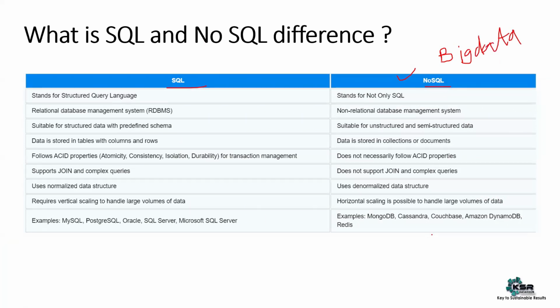These are all big NoSQL databases: MongoDB, Cassandra, Amazon DynamoDB. DynamoDB is part of the AWS cloud. In case of Azure, we have Cosmos DB. I am not sure if you have heard this name, but wherever you see Cosmos DB, it's a cloud-based NoSQL database.